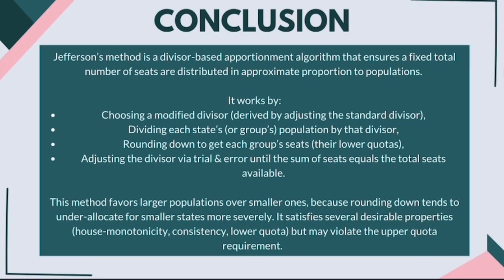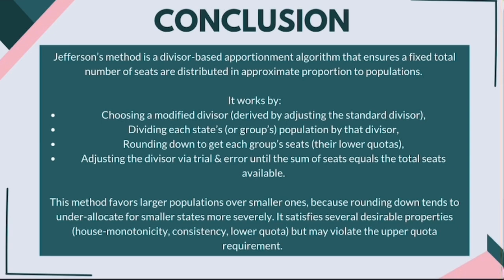Now, after all has been discussed, here's the conclusion about Jefferson's method. Jefferson's method is a divisor-based apportionment algorithm that ensures a fixed total number of seats are distributed in approximate proportion to population.